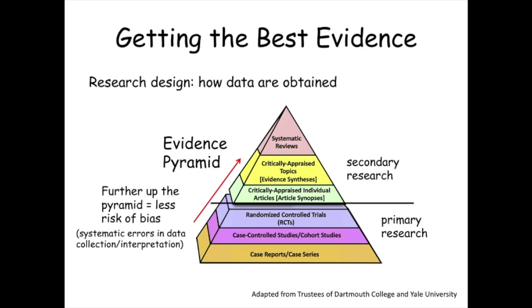The further one goes up the pyramid, the less risk there is of bias, systematic errors in data collection or interpretation. A study higher up on the pyramid is not necessarily a better study, but the design is less prone to bias. You're going to do a search of primary research, and you'll focus on studies that used an RCT design, the one with the least risk of bias.